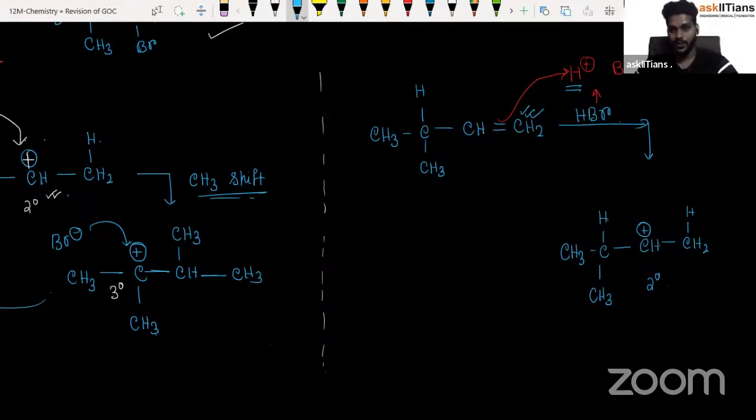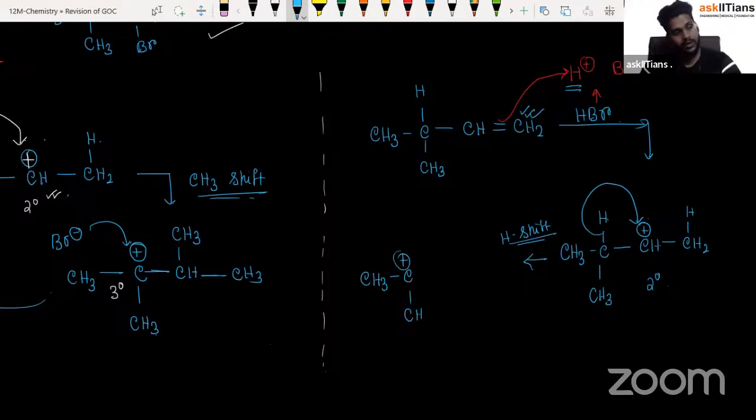Now what would happen? What do you think? It's a 2-degree. Is there any way that you can make it 3-degree again, or any better stabilities that you can form? That's correct, Laksha. There's going to be a hydride shift. So by shifting the hydrogen this time, you'd be getting, these are called rearrangement chemistries, the hydrogen is coming there.